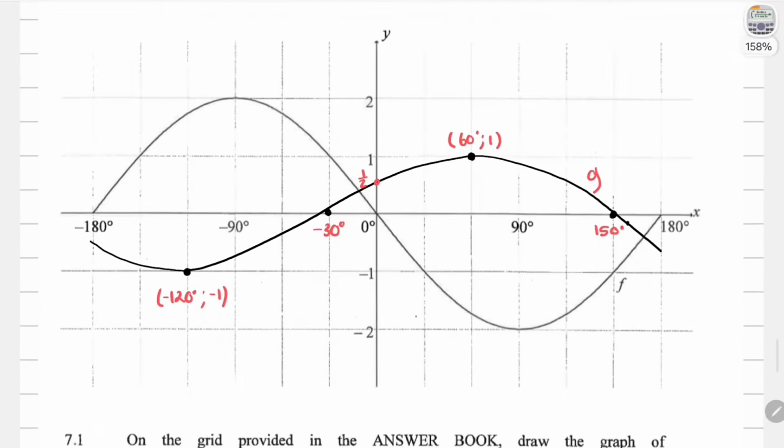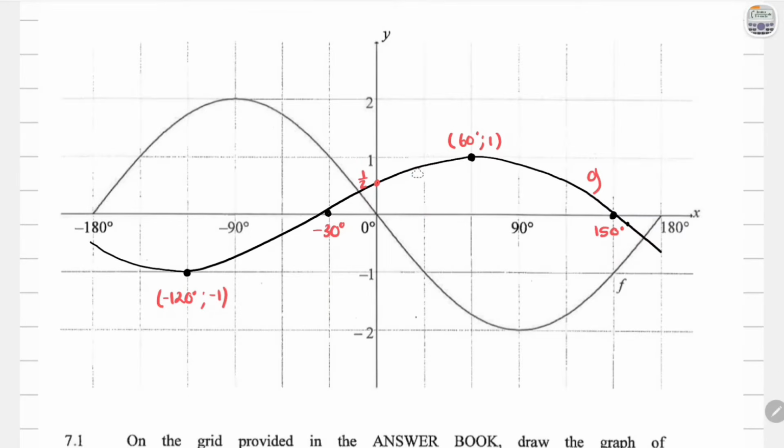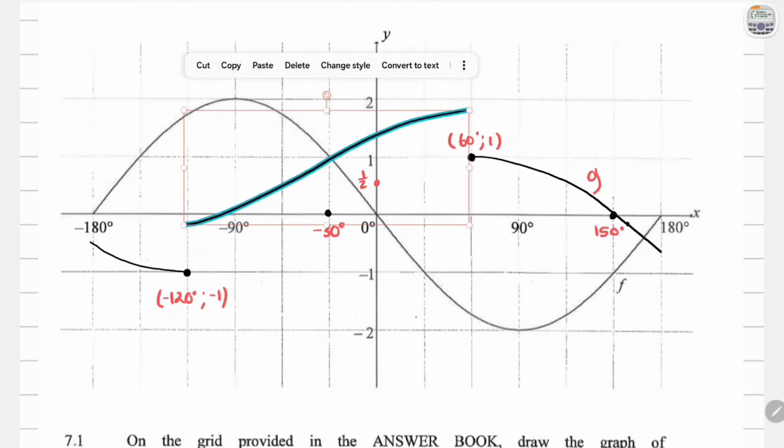So if we took the graph of g, I'm just taking half of it, and we shifted it up by 1 unit, see the important places, like over here it's at 0. If you shift it up by 1 unit, it's actually going to intersect perfectly with the graph of f. So at that point over there where x is equal to negative 30 degrees, that's where that solution would be.